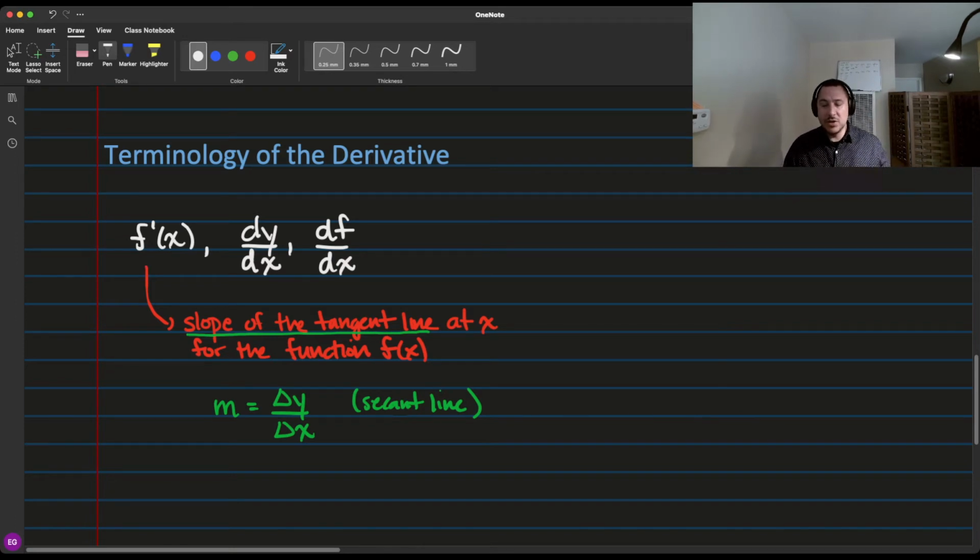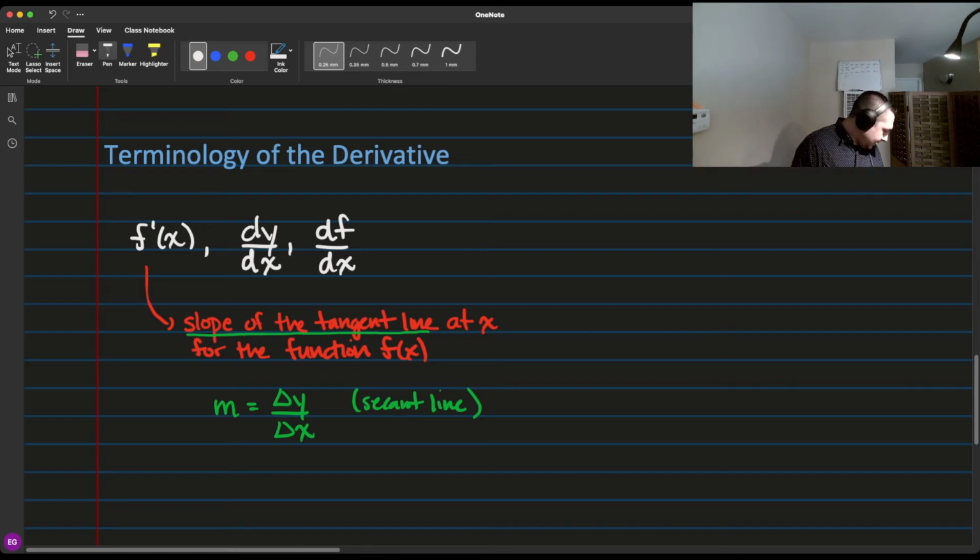Does everyone see how it sort of looks like delta y over delta x, but instead of delta y over delta x, it's dy over dx? Okay, df over dx means the derivative of f, because that's the slope of the tangent line. It mimics what the formula for slope looks like.